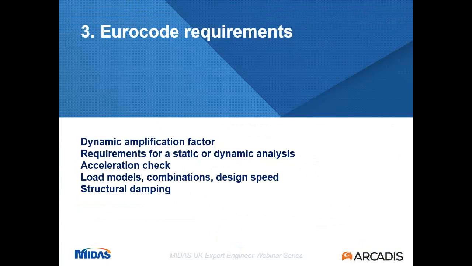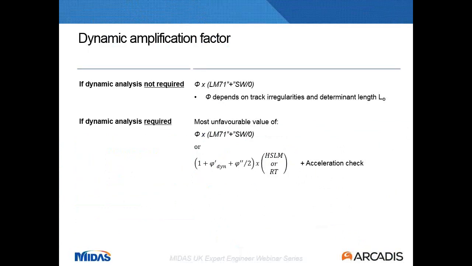Now, how has all this been established in the Eurocodes? I'm going to do a very quick review of the provisions in the codes. So the first thing is about the dynamic amplification factor. And the codes differentiate two different scenarios: one, when a dynamic analysis is not required, and another scenario when a dynamic analysis is required.